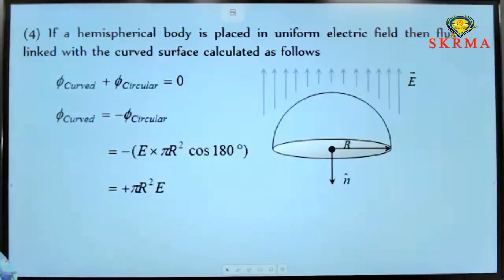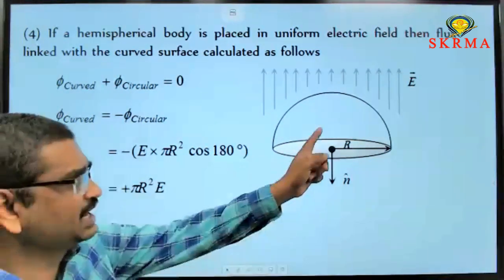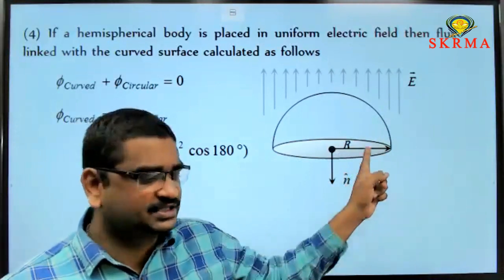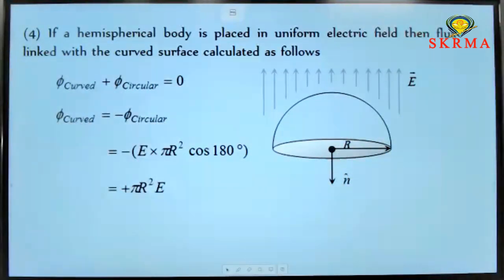The area vector and the electric field direction are opposite to each other. Check this diagram. Then, according to the previous concept, what is the total flux for a closed object placed in an electric field? Total flux is zero only.